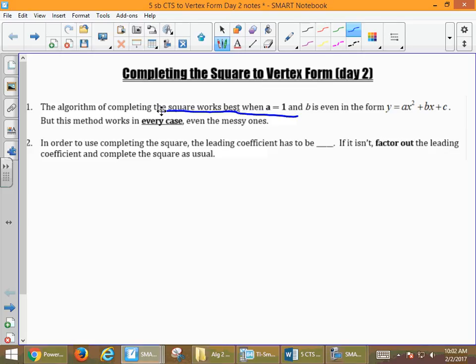So in order to use completing the square to turn a standard form quadratic into a vertex form quadratic, we also have to make sure that leading coefficient is 1, and we'll have to factor out that a and divide if it isn't. But today should be really similar to yesterday, so if you understood yesterday, I think you guys would do fine today.